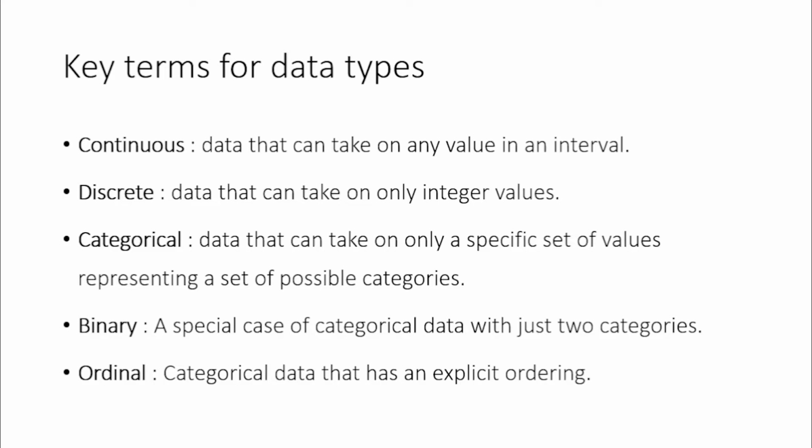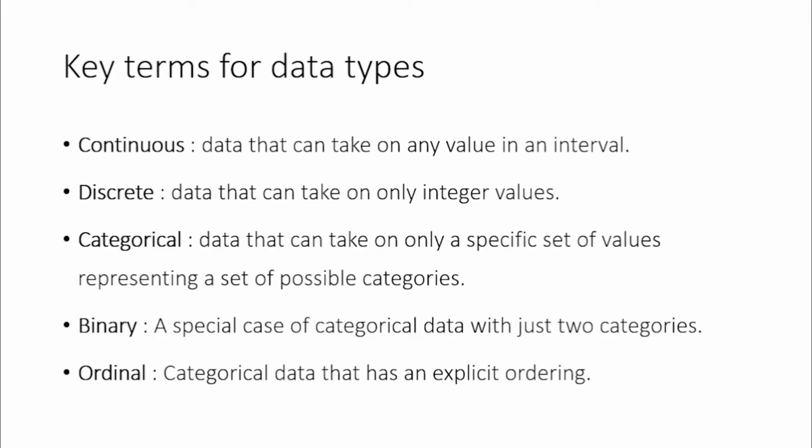For example, if we have 0 to 1, and our data is able to take 0, 1, 0.5, 0.75, 0.0014, it is able to take up any values in the interval 0 and 1, right? Then we say that it is continuous data.